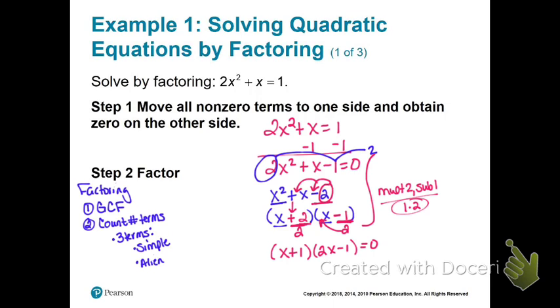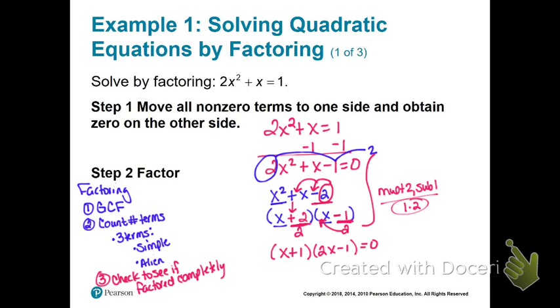Alright, and then my last step to factoring was to check to see if factored completely, right? And so check your x plus 1, you can't factor it anymore.